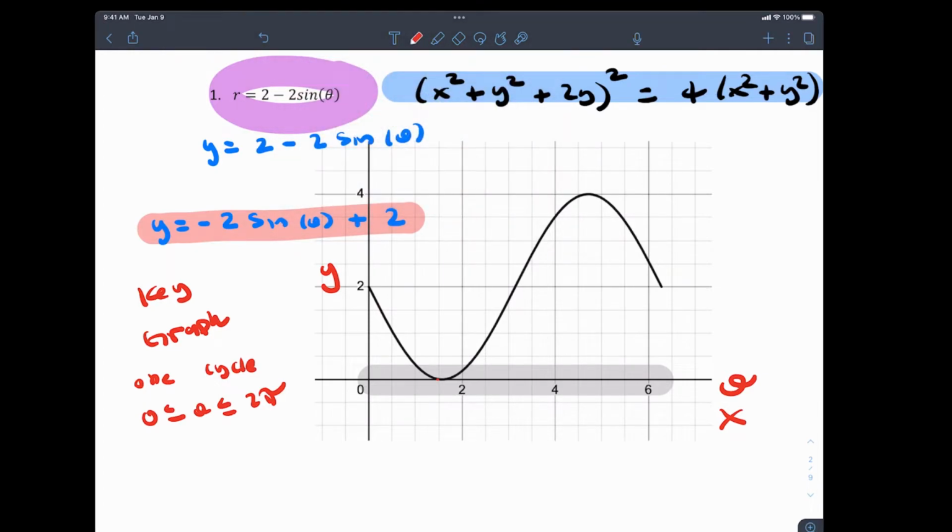Remember these important points here: this point, this point, this point, this point. That's where pi is. This is pi over 2. This here, 3 pi over 2. And then this over here is going to be 2 pi.